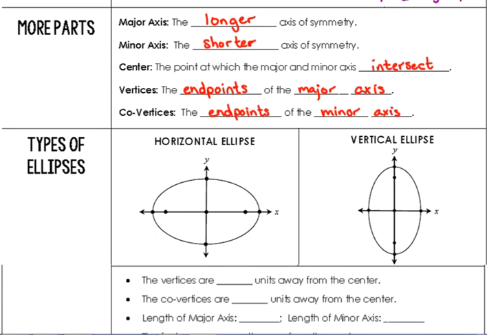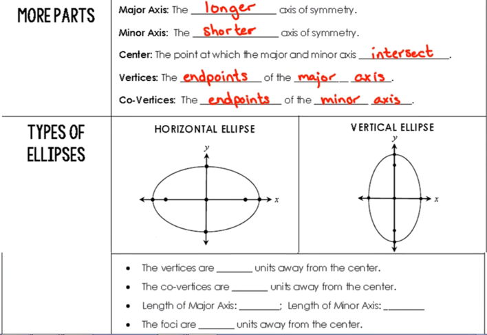So this is labeled on the front of the paper, but let's put it on this picture as well just to re-emphasize. Let's label these points here. For a horizontal ellipse, in this case, the way that this one is oriented, the x-axis is the major axis. The y-axis would be the minor axis because it's shorter.